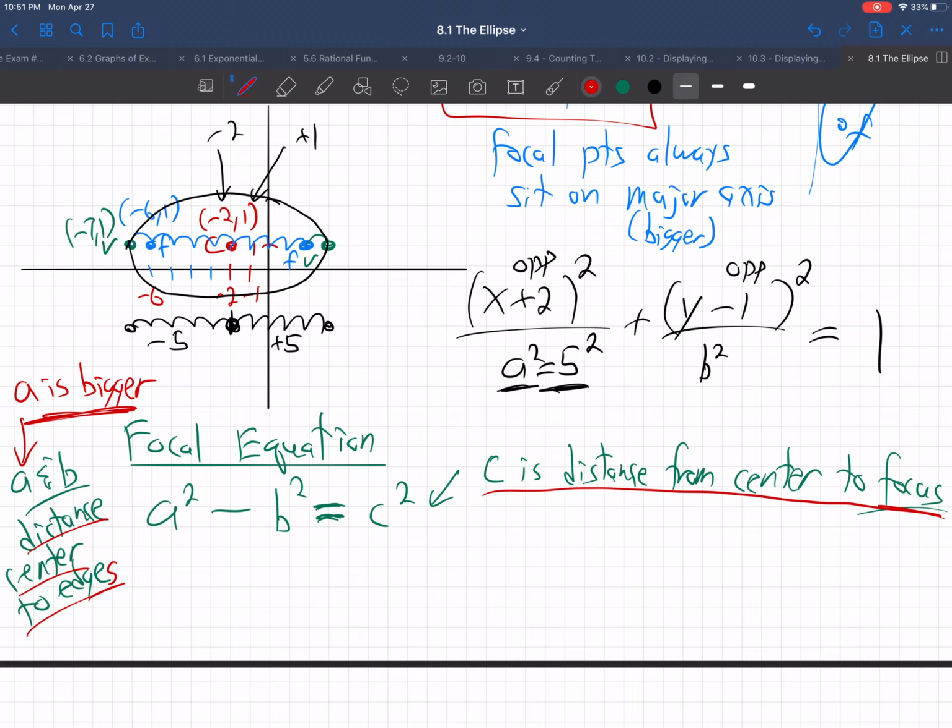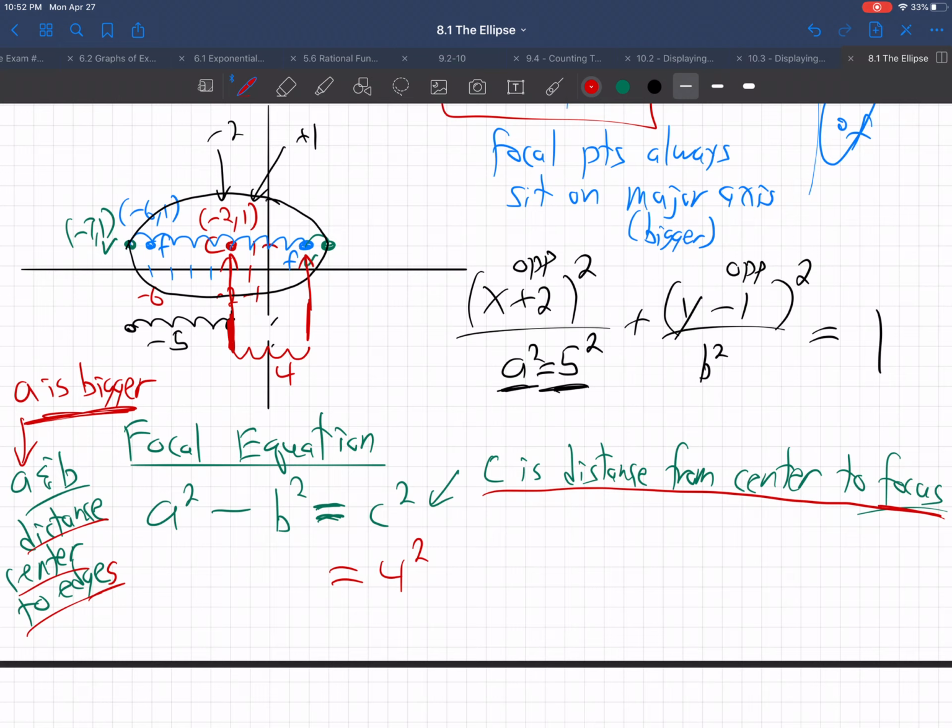So do we know C? Let's start with C. How far from the center, here's the center, to the focal point, here's the focal point. Let me get rid of what we did down here. Okay, so how far from the center to the focus point, which is right here? How far is that? 1, 2, 3, 4. That's 4. So C is 4, isn't it?